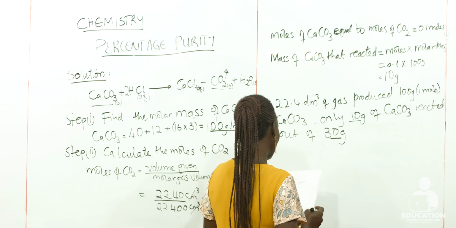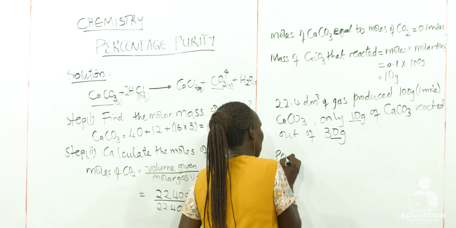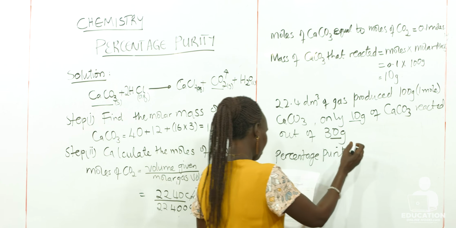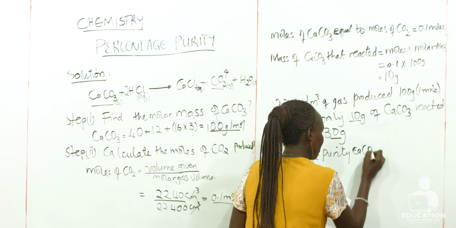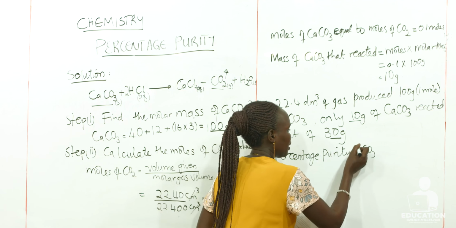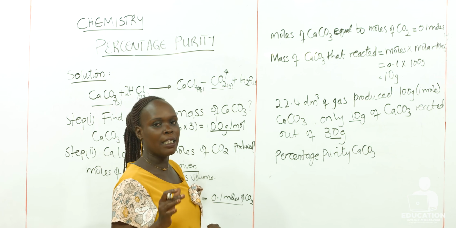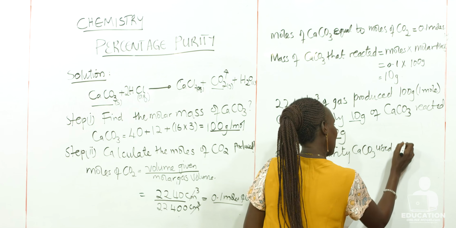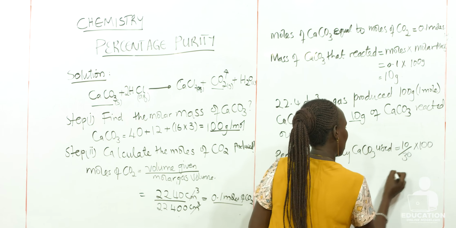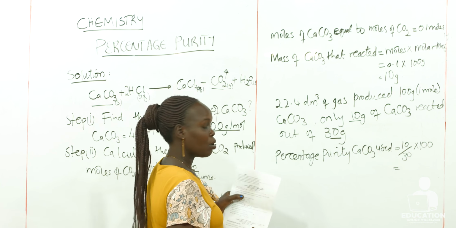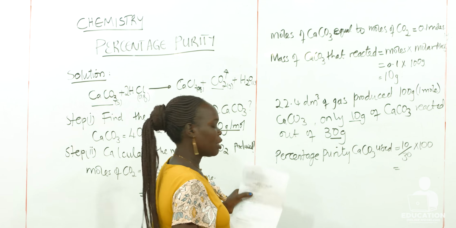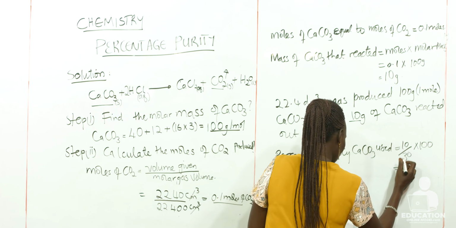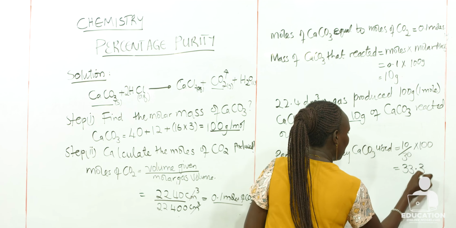From the formula, as we saw before, the percentage purity of calcium carbonate will be equal to 10 divided by 30 multiplied by 100, which will give us 33.33 percent.